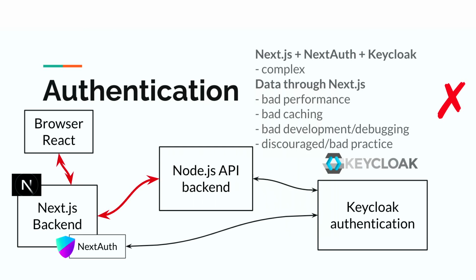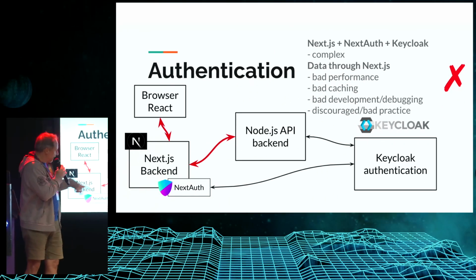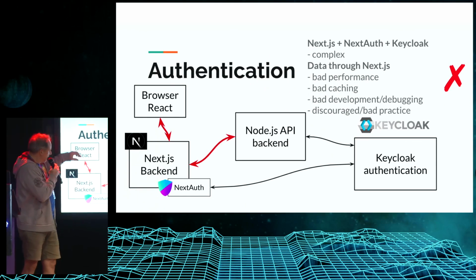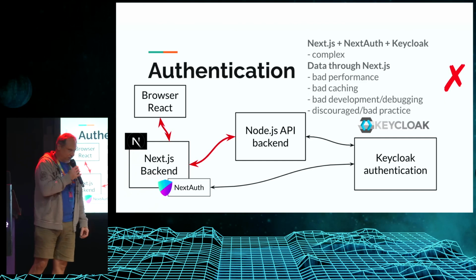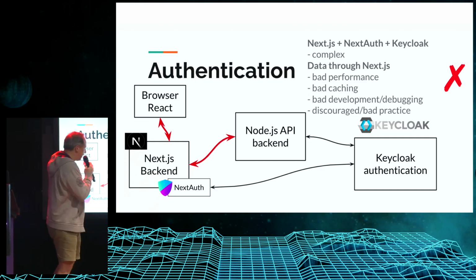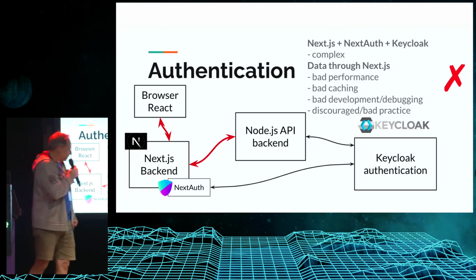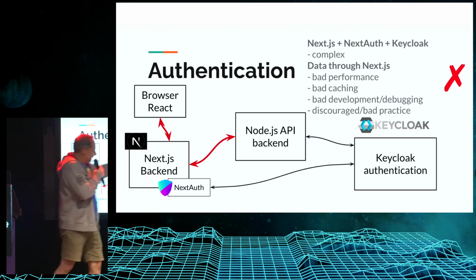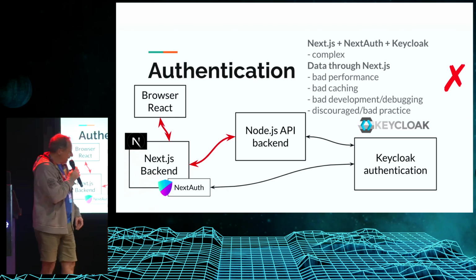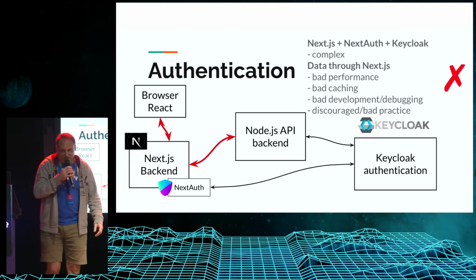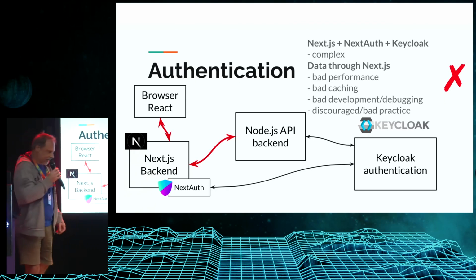We had the communication through Next.js to Node.js. We thought it was good, but communication through Node.js is bad for performance and has caching issues. You can hardly debug it, and also NextAuth and Keycloak are both a bit complex, and making them work together with scarce documentation was not a good idea.